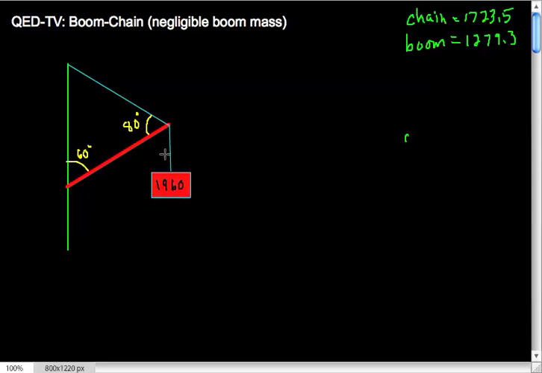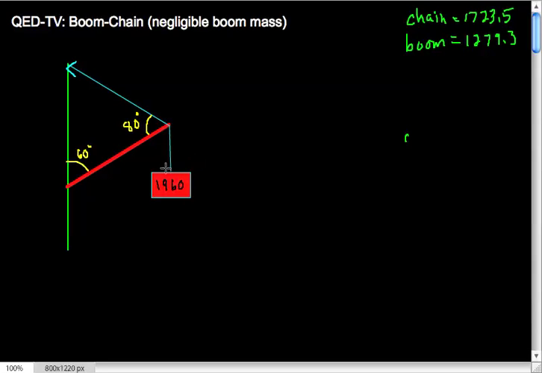So now what I want to do, I want to do this problem just a little bit differently. If the boom is negligible mass, which it is in this problem, we can do this like a regular vector addition problem. It's actually very, very easy, because all we have to do is say, okay, there's a chain pulling up here with a certain force.